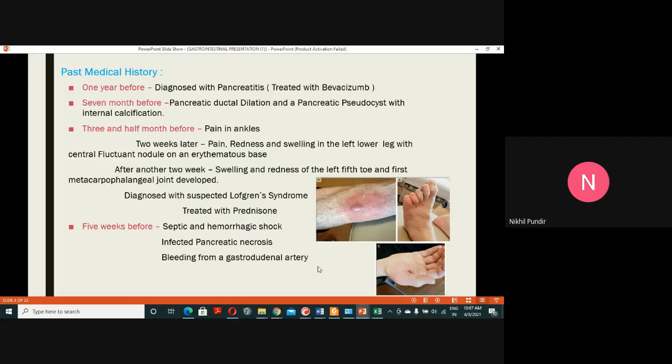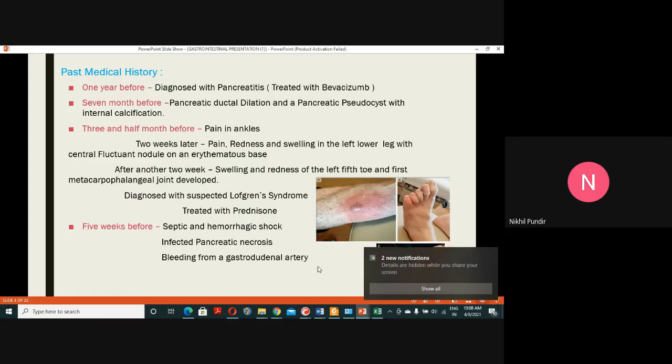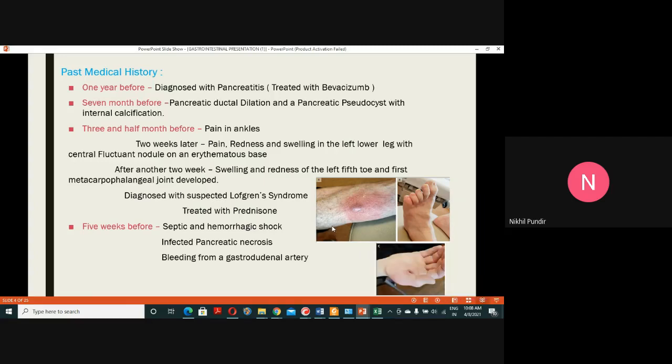After 2 weeks, there was pain, redness, and swelling in the left lower leg with a central fluctuant nodule on an erythematous base, which you can see in figure A. Over the next 2 weeks, he noticed swelling and redness of the left fifth toe and right first metacarpophalangeal joint, which you can see in figures B and C. He was treated with cephalexin, and after several days his condition had not improved, and he was diagnosed with possible Lofgren syndrome. Then prednisone was prescribed, which really helped him get relief.